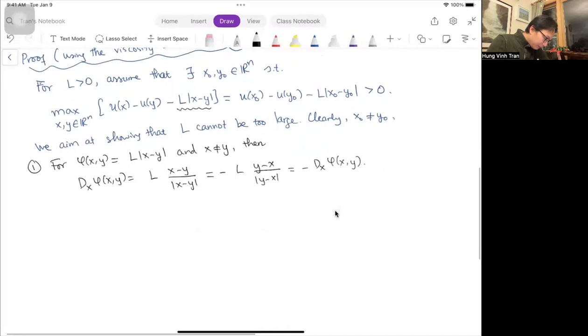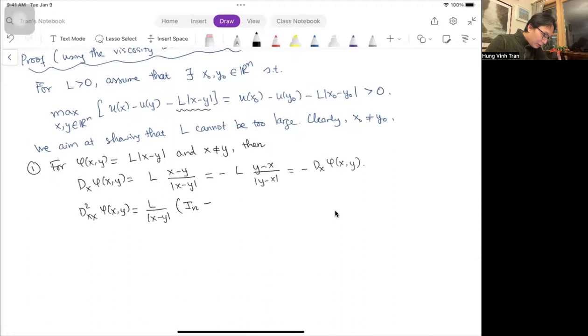We compute the Hessian in x. You can see that this equals, if you hit the derivative in the numerator, you get the identity matrix, right? So L over |x minus y| outside, times the identity matrix. If you hit the derivative in the denominator, then you just compute it, and you get a minus sign: (x minus y) tensor (x minus y).